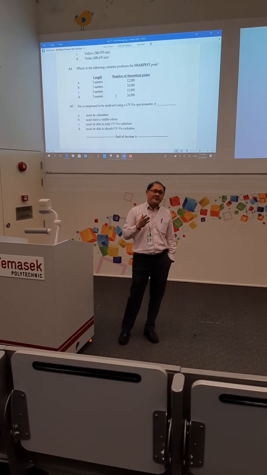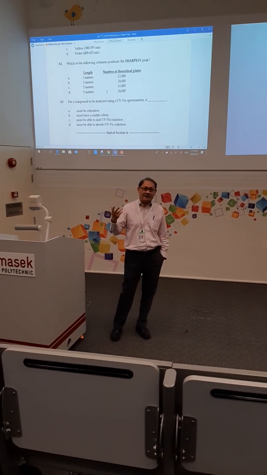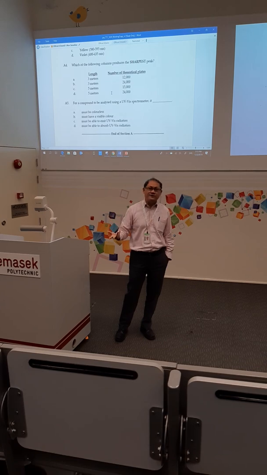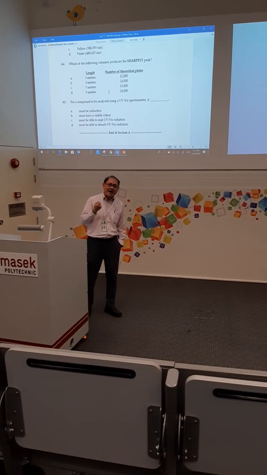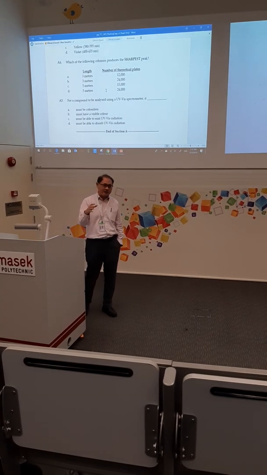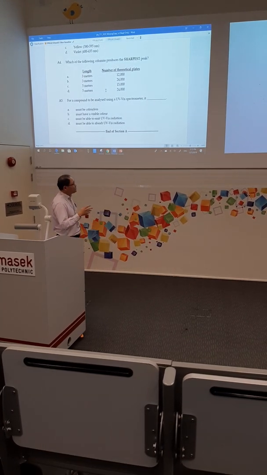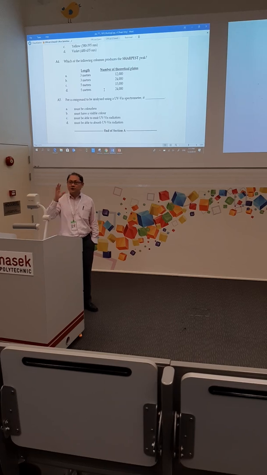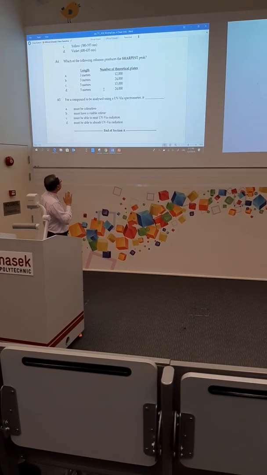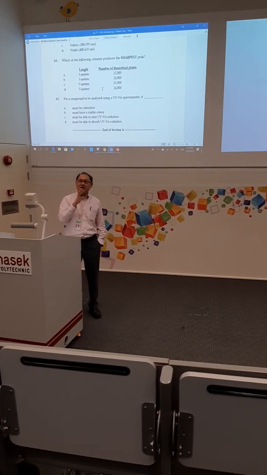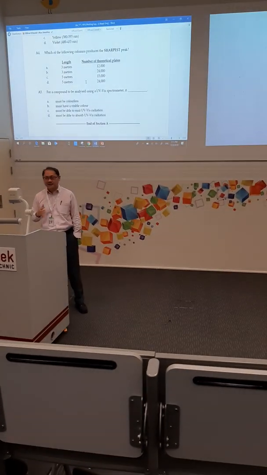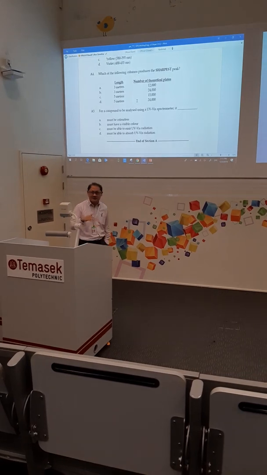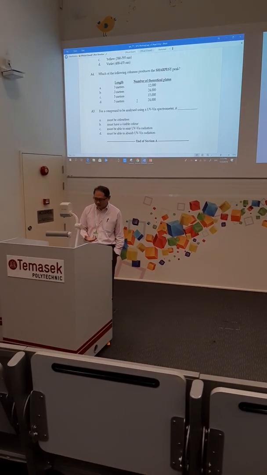You just need to remember the higher the theoretical plate number, the better the column efficiency. That's why for the experiment we always expect a higher efficiency in general. If you remember this, you can straight away look out two answers, A and C, because they have a lower number, so it's not the best performance.